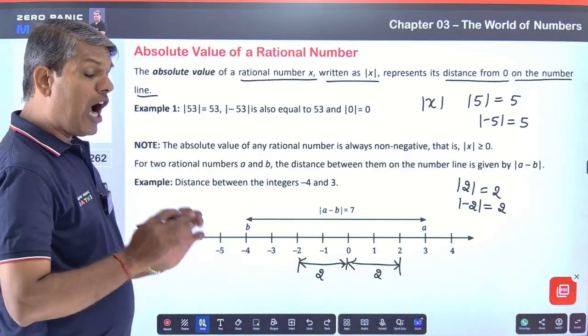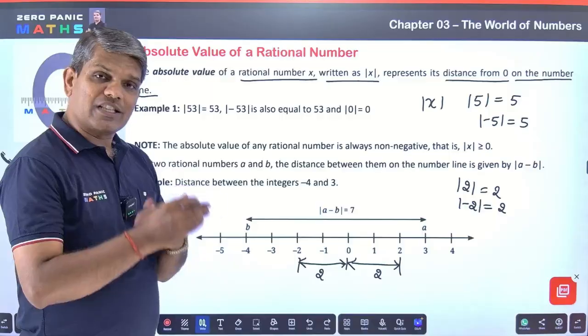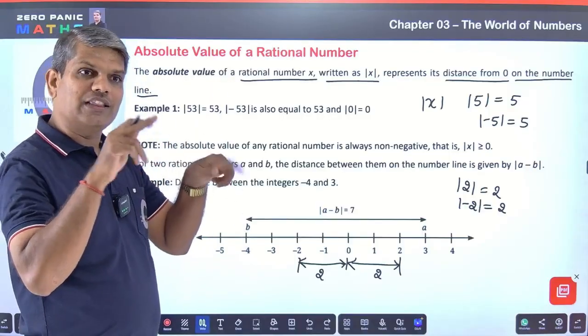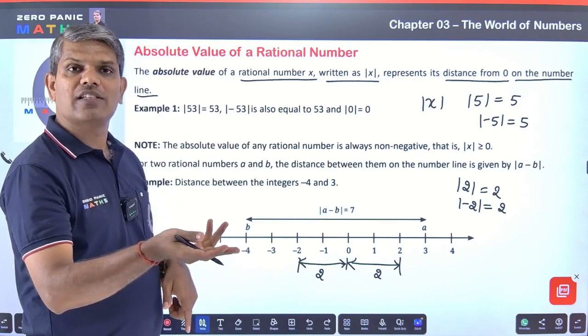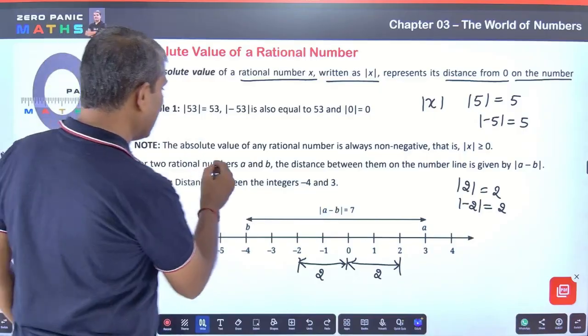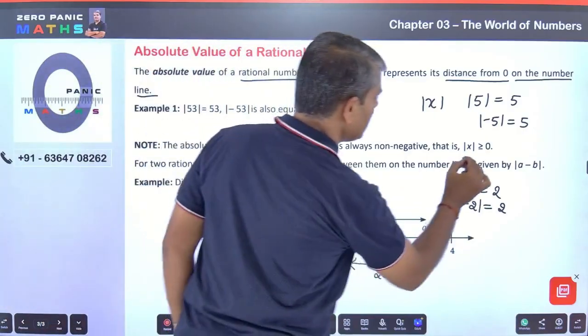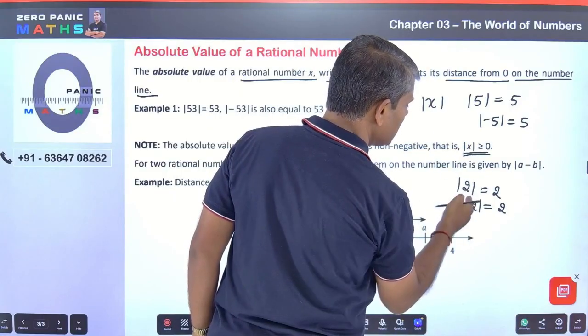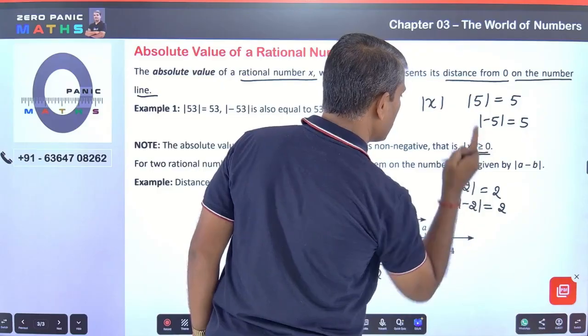Even if there are some arithmetic operations within the absolute symbol, the result is also a positive value, and that example is here. As I already told you, in general, absolute of x is greater than or equal to 0.